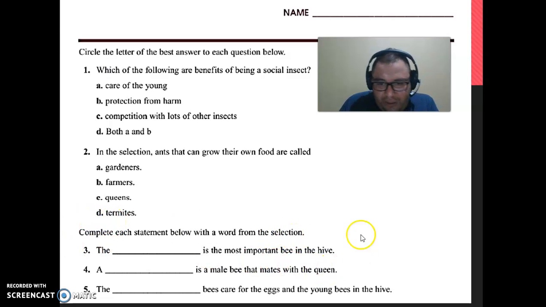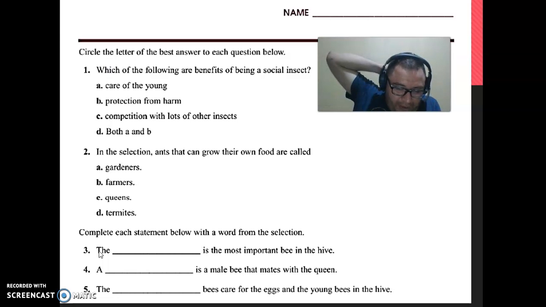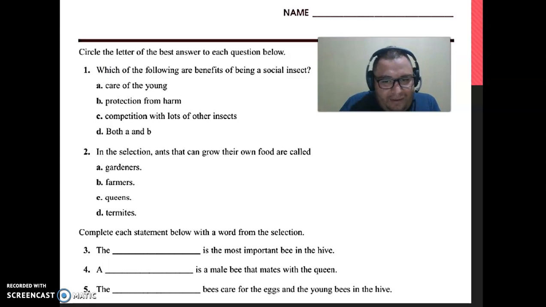Now, where are the words? Let's see, I don't know. Where are the words? Okay. The queen is the most important in the hive. A drone is a male bee that mates with the queen, which is right.